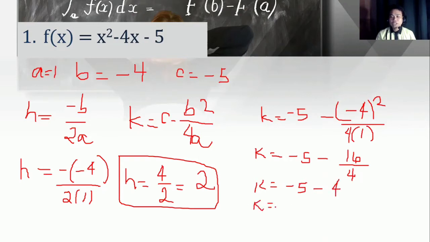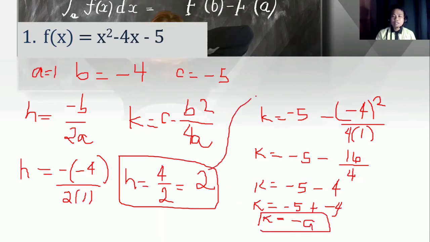So k is equal to negative 5 plus negative 4. k is equal to negative 9. So from this, we got the vertex form, which is f of x equals a times x minus h squared plus k.